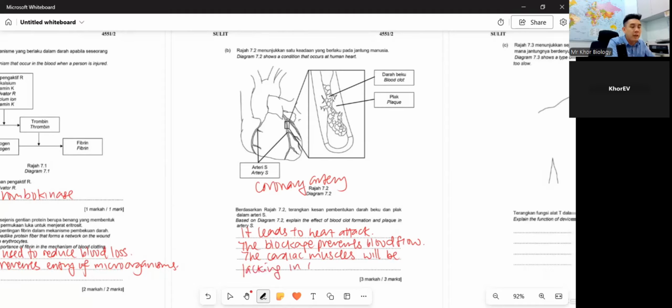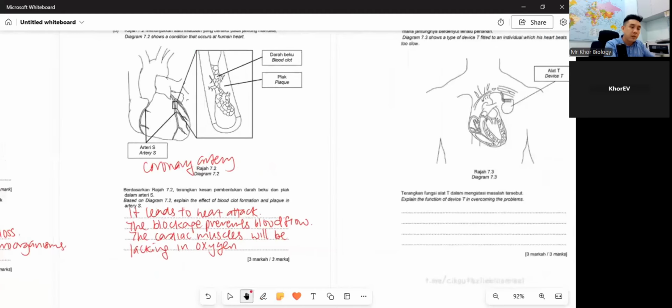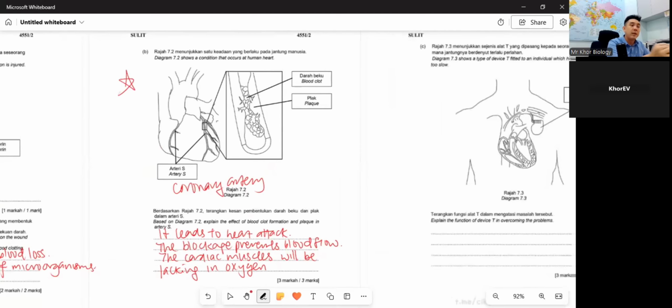Guys, you have to understand that no doubt through the aorta, the blood is pumped to the whole body, and our body cells can get oxygen. But the main source of oxygen for our heart itself is from the coronary artery. You can draw one star for this as well as C.